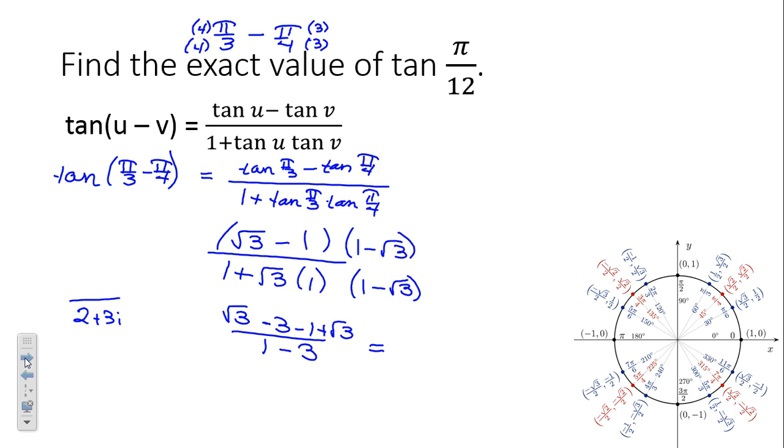So negative 3 and negative 1 is a negative 4. Plus 2 square roots of 3. Negative 2. And since they're all even, let's divide everybody by that negative 2. Negative 4 divided by negative 2. 2 square roots of 3 divided by negative 2. There's our exact value.